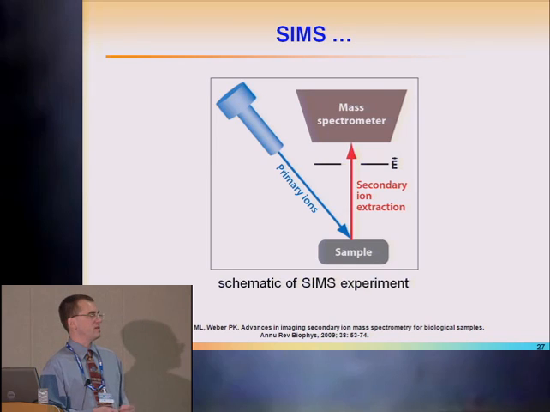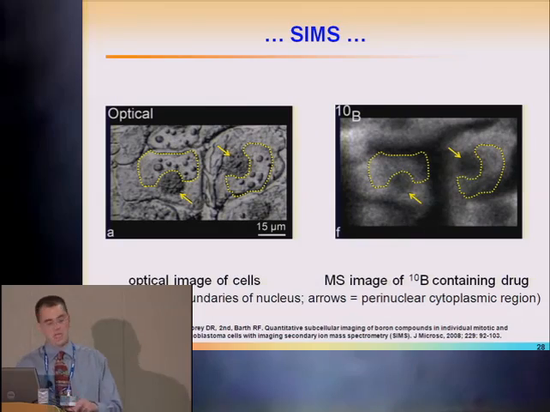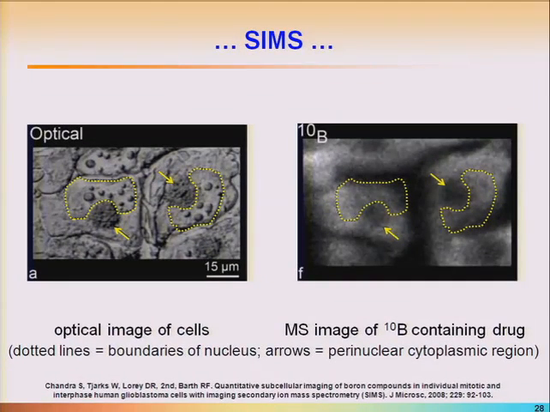Here's a schematic of a SIMS experiment where you have the primary ions from the ion cannon hitting the sample, and then you have the secondary ion extraction and detection by mass spectrometer. And here's an example where a boron-10 containing drug, again a non-natural isotope, a labeled drug, was applied, and you can see that we are actually at cellular resolution with SIMS.